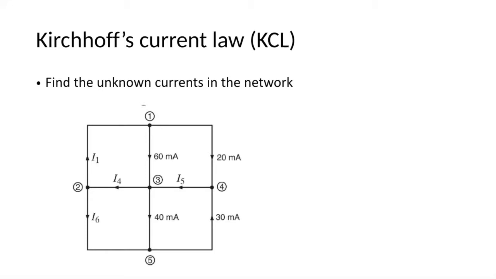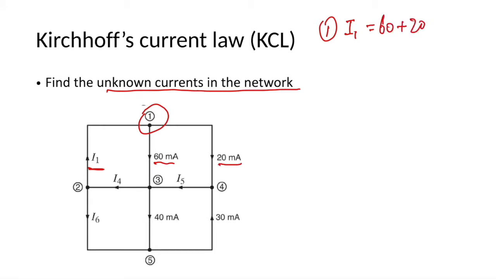Another example is to find the unknown currents in the network. Let's start from I1 for node 1. For node 1, I1 is entering the node and 60 and 20 are out of the node, so I1 equals 80. So we can easily calculate I1.